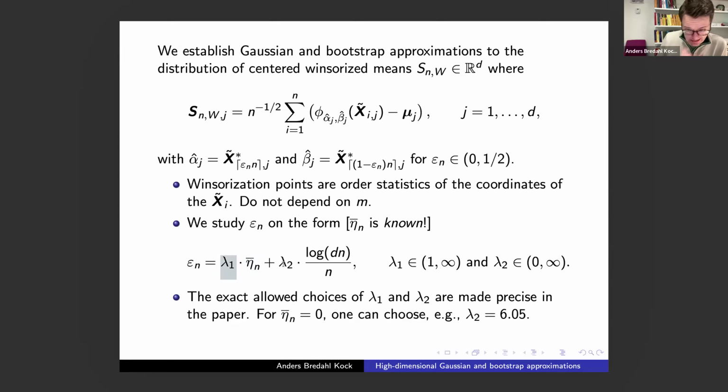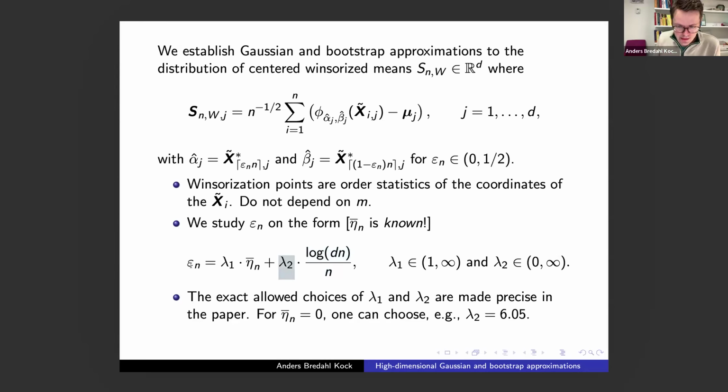And then I add lambda 2 times some sequence here that tends to 0 under the assumptions that we shall make. In particular, in the canonical case of eta being 0, so no contamination, which is a case one always studies when looking at Gaussian approximations for plain sums, one can choose lambda 2 equal to 6, say.